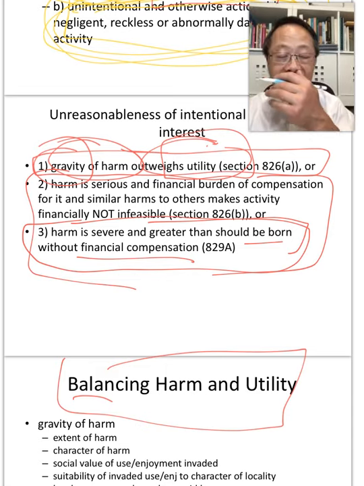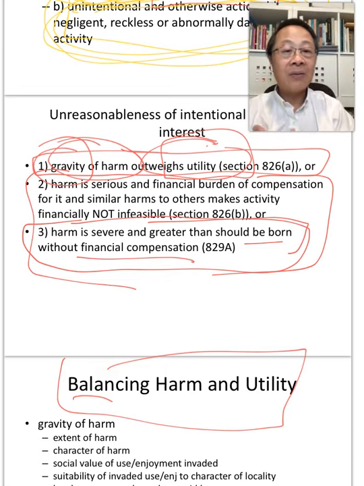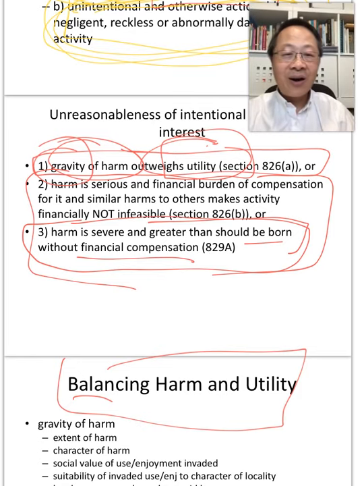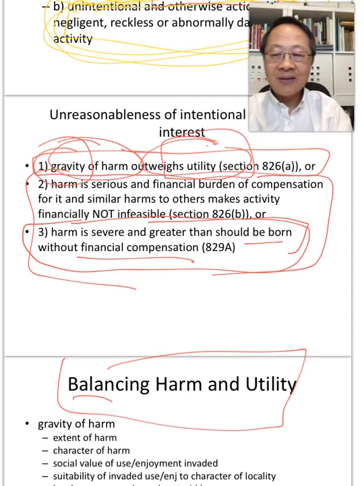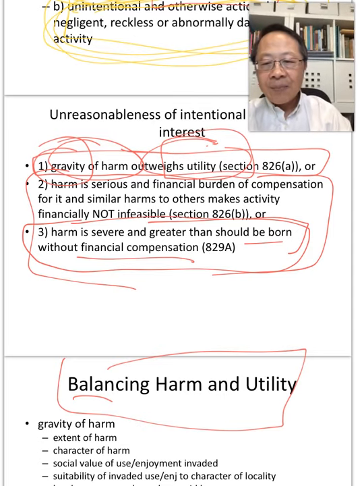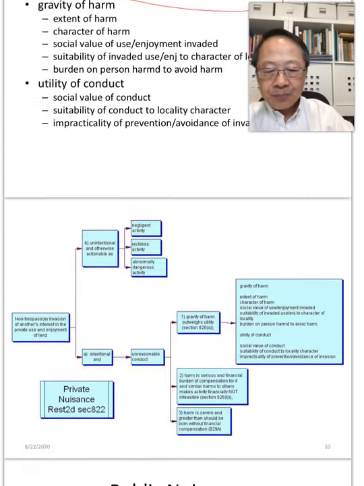And if that's the case, as a society, we really should not be endorsing that kind of activity, right? If a business causes more harm than it does good, then it really should not be in business in the first place.